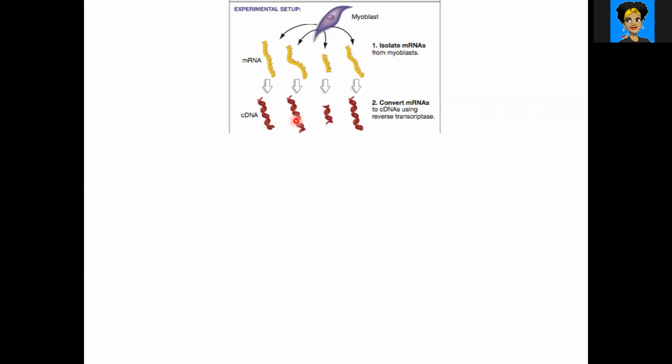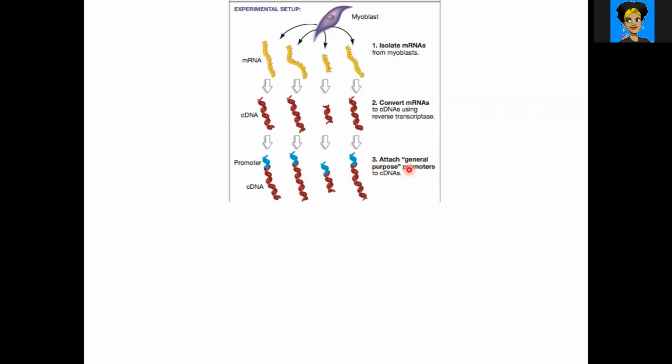So if you learned about RT-PCR in 225, or maybe in genetics, and if you took molecular biology, or microbiology, you most likely have learned about reverse transcriptase. So they make that mRNA into DNA. The little c there just stands for complementary.